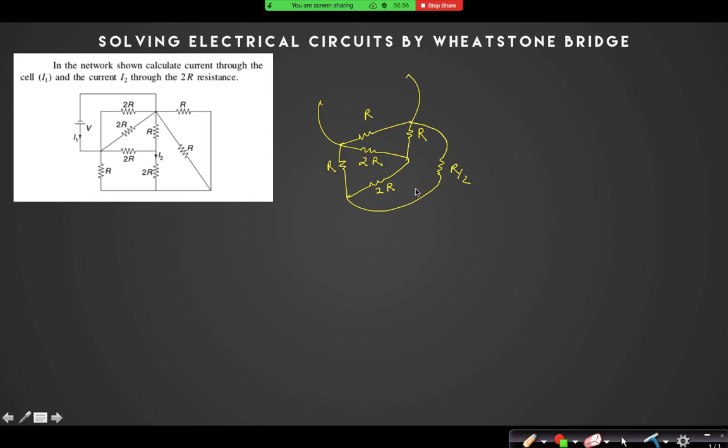So here, how can I apply that Wheatstone bridge? Look, if I say that this R, 2R, this 2R and R by 2, let us draw it in this way. This is 2R.